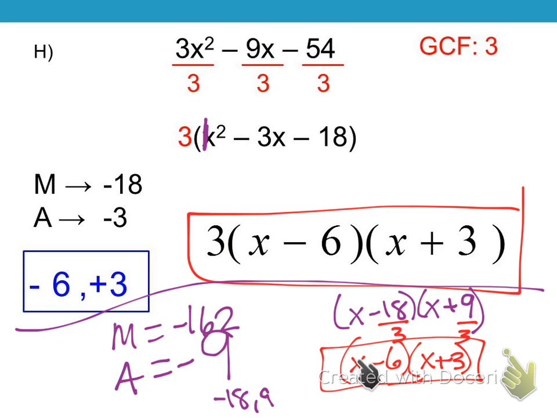If you do the bottoms up step and you're not moving anything in front of an x, you probably missed a GCF in the beginning and you're going to get it wrong. Does that make sense? Luckily we caught it. Questions?